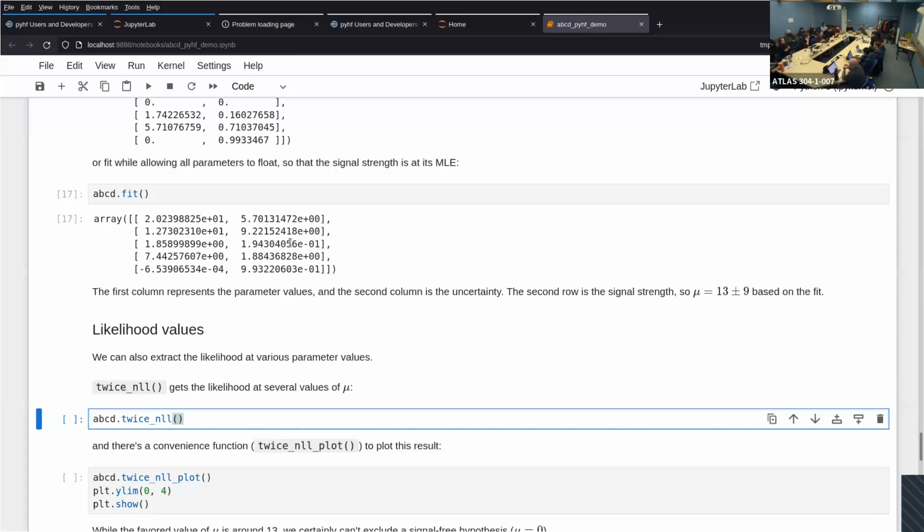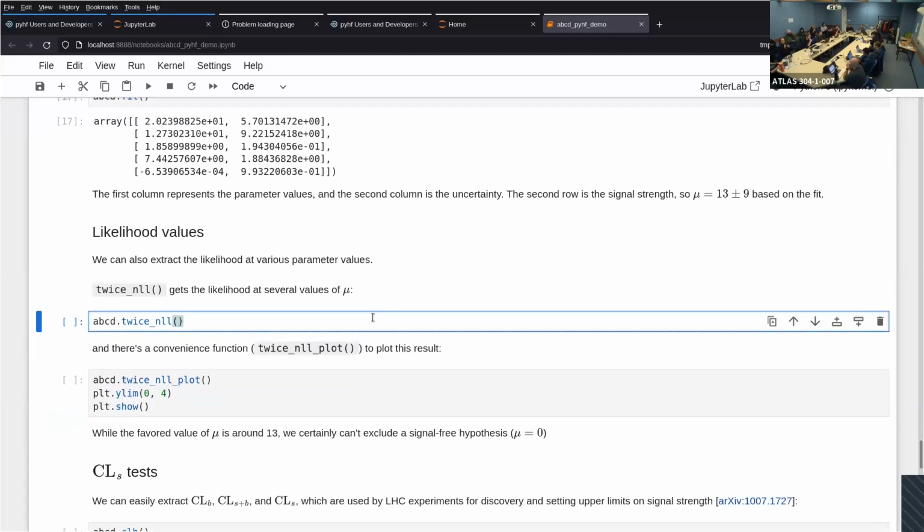But one of the things that I've been working on is extending it so that you can have more complicated uncertainties where the events can migrate between the different regions. Yeah, exactly. This is something that I'm working on, and that's important for being able to apply this to more analyses. That's the bottleneck: being able to have more complicated systematics.